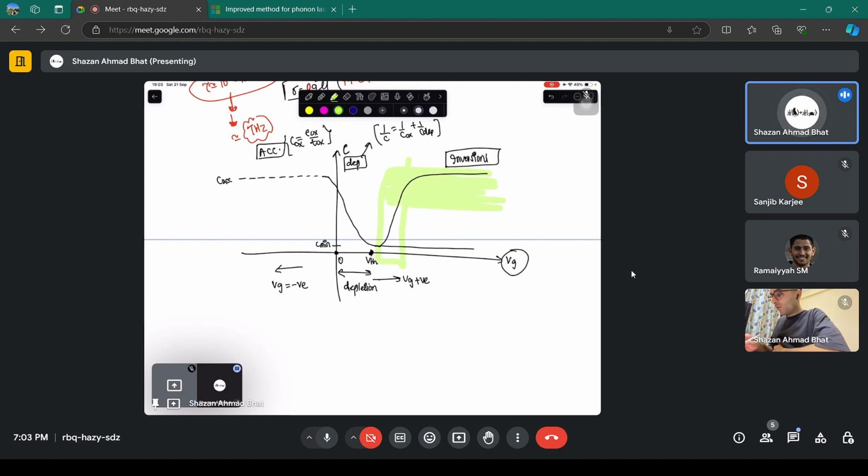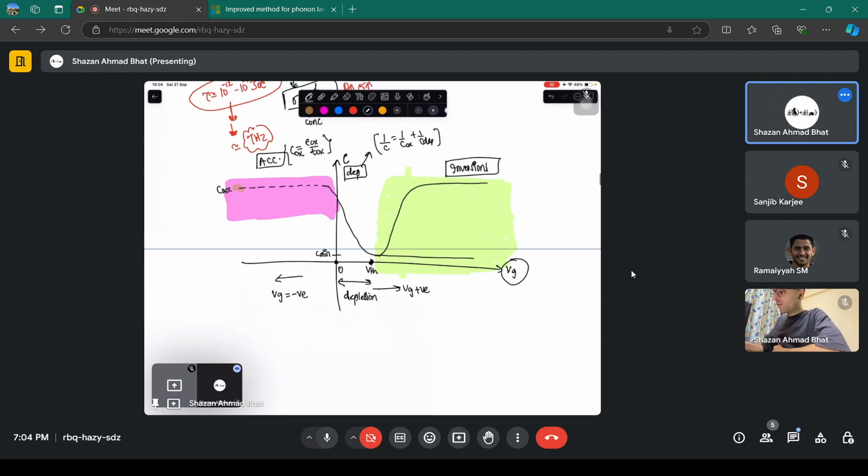These two scenarios come because of the majority and minority charges responding differently to the high frequency, as I have previously discussed. In this particular region, you are dealing with majority charge carriers and they respond fast to the changing high frequency. So that's why there is no change with high and low frequency in accumulation as well as in depletion. But once you go into inversion, you are dealing with the minority charges at the interface, and they come because of generation mechanisms, and that is a slow process.